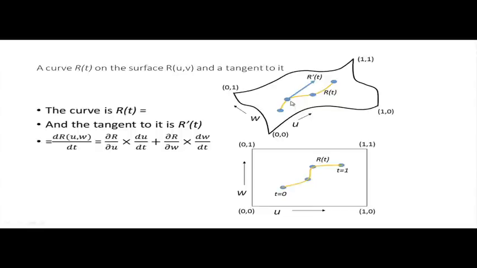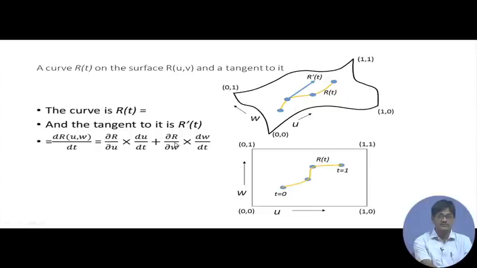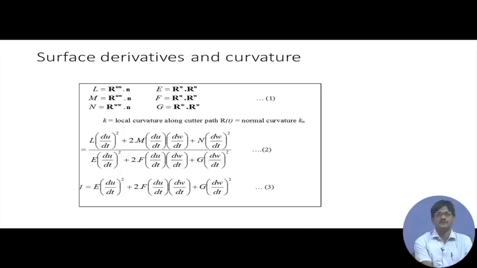Therefore, these two terms, del r/del w and del r/del u, do not depend upon the direction in which we are considering this tangent, but du/dt and dw/dt are concerned with the direction. They are basically the x and y components of this particular tangent. Okay.